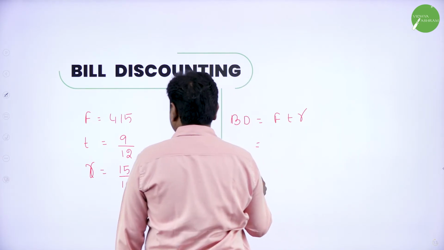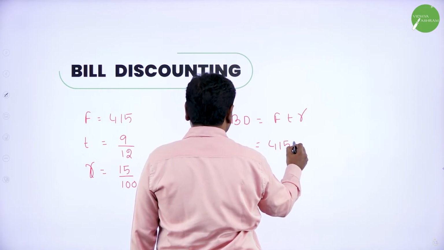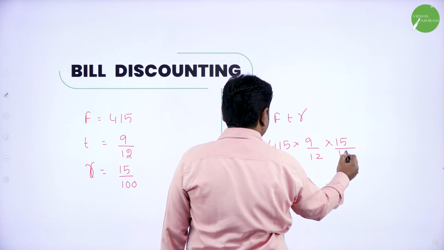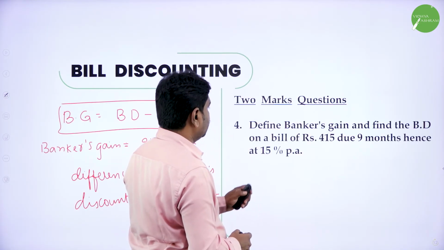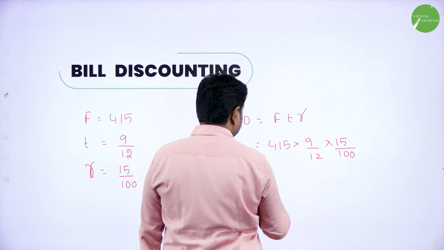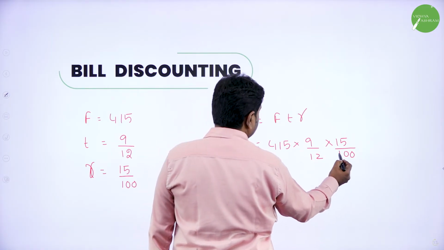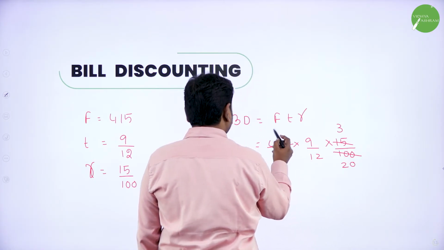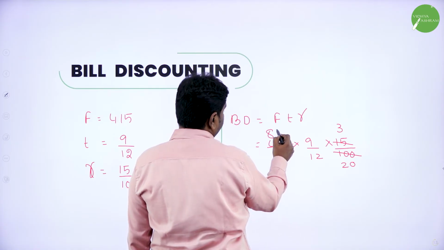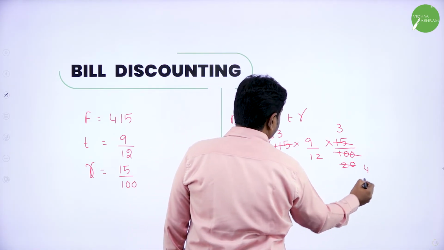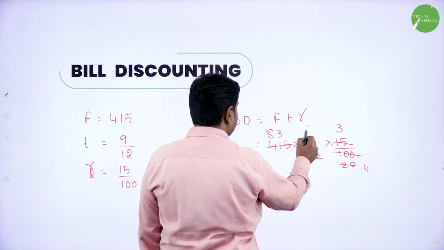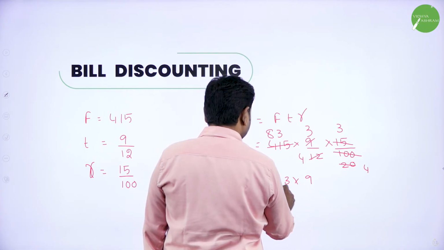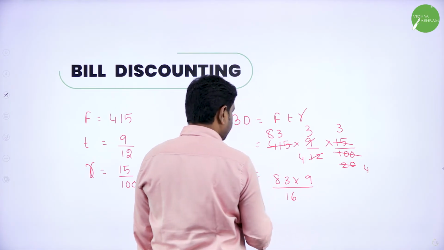Multiply this. Face value 415 rupees, time period 9 by 12, rate of interest 15 by 100. So they want you to calculate on 415 rupees, that's it. So 15% they told, okay. 5 3s are 15, 5 8s are 40, 5 4s are 20, so 3 3s are 9, 3 4s are 12, so you are left with 83 into 3 3s are 9 divided by 4 4s are 16.